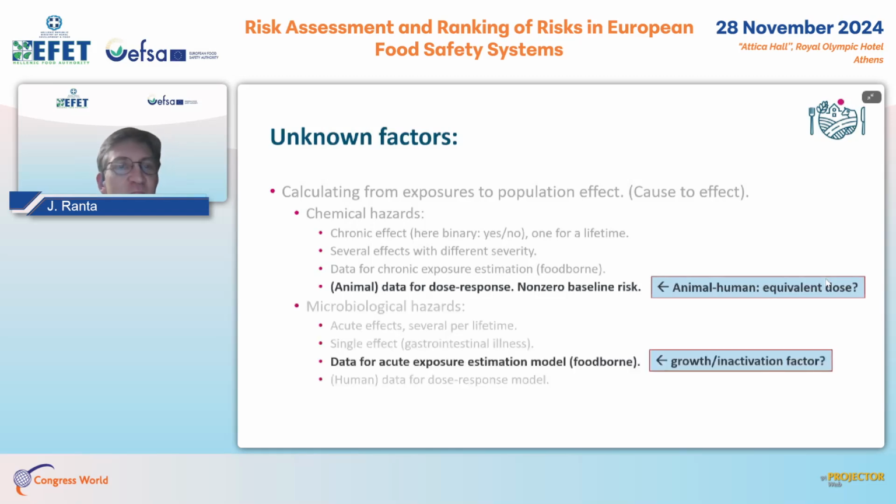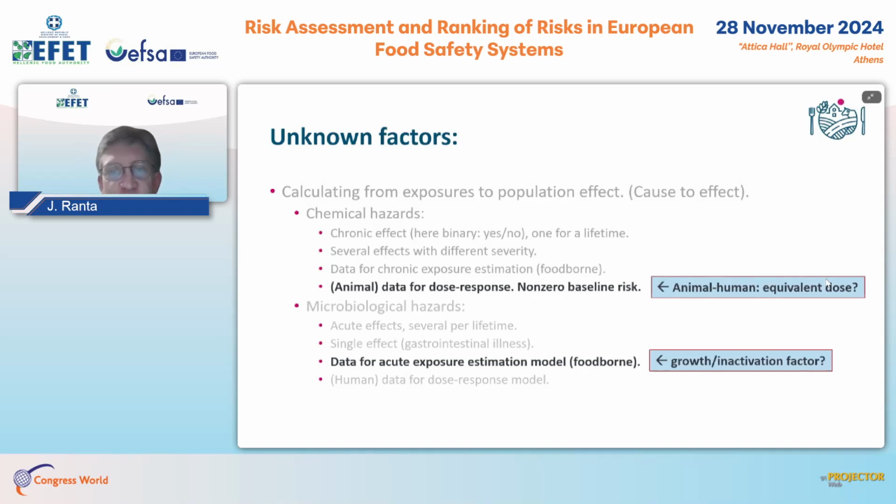Likewise, a very difficult thing on the microbiological side is to estimate the actual dose at the time of consumption, because usually we have data from some earlier step of the food chain. There could be concentration data from the market or the industry or from the raw meat products, but then you have to take into account the bacterial growth or inactivation that happens before the actual consumption, and this might be difficult to quantify.